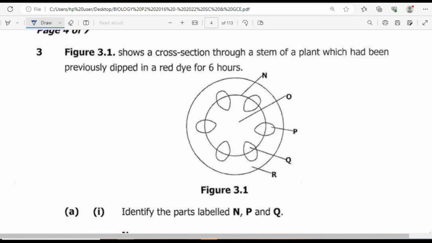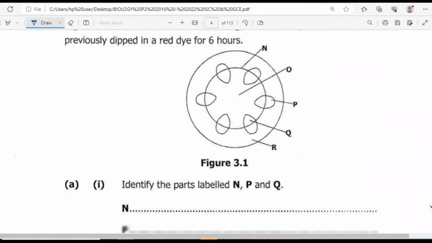So now we have structures N, P, O, Q, as well as R. Okay, so what's the first question? A1, identify the part labeled N. So N, this part here, is cambium.